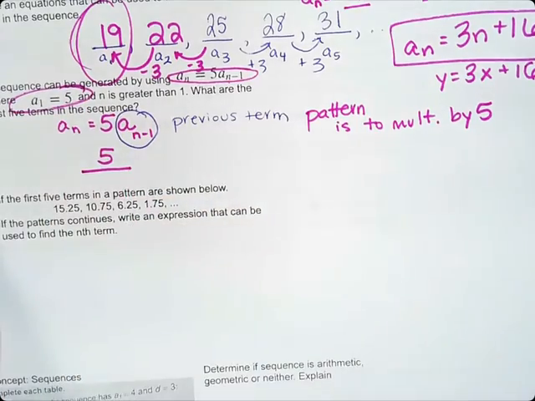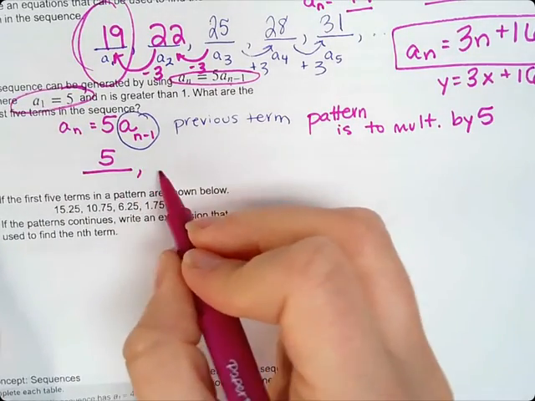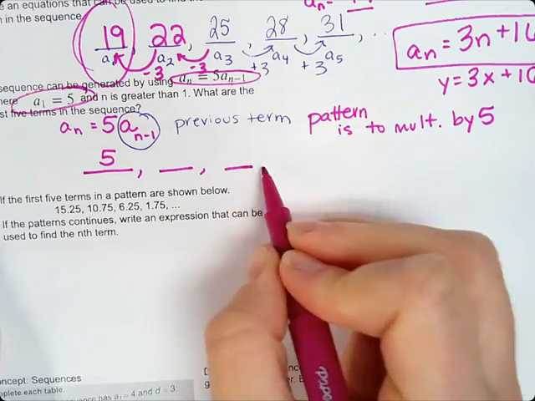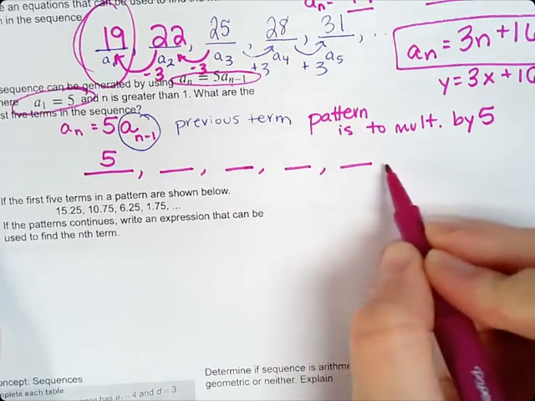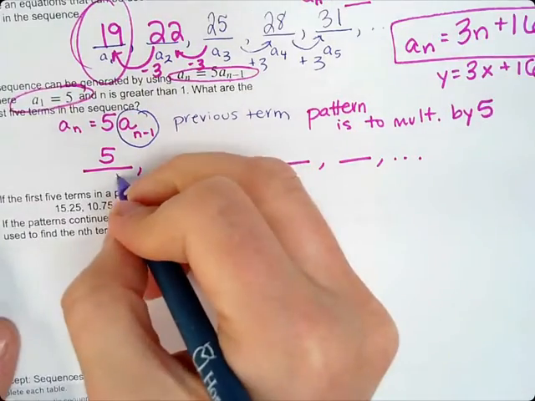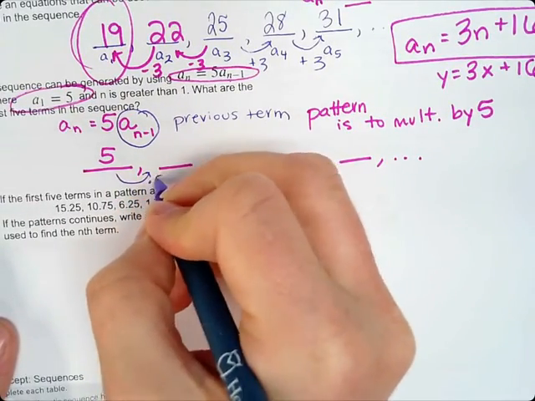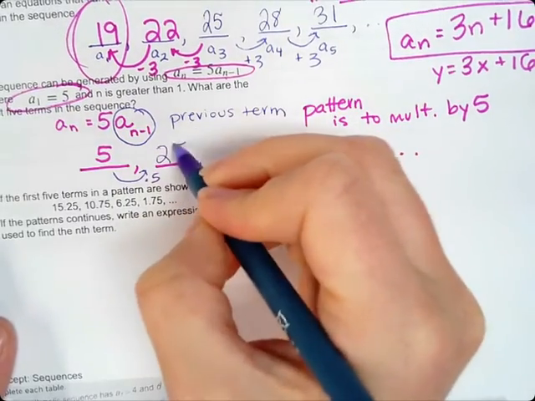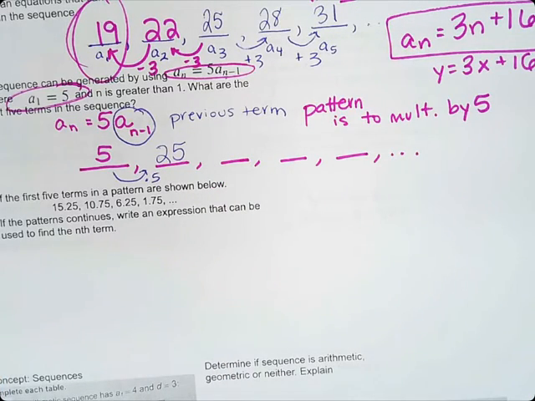It's 5. To get the next terms of the sequence, we multiply times 5. So 5 times 5. And so just keep on multiplying times 5. That's your sequence, your pattern.